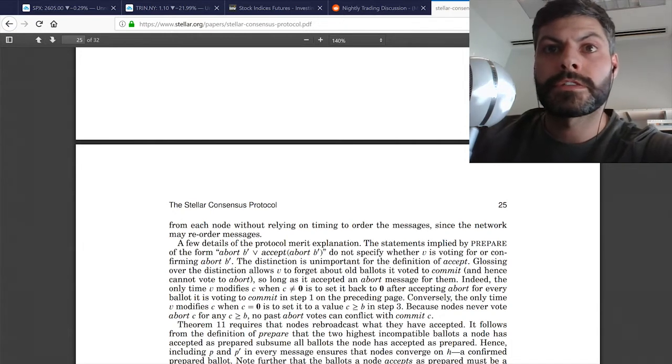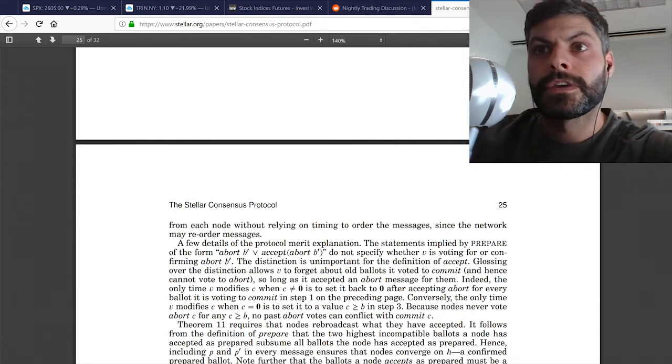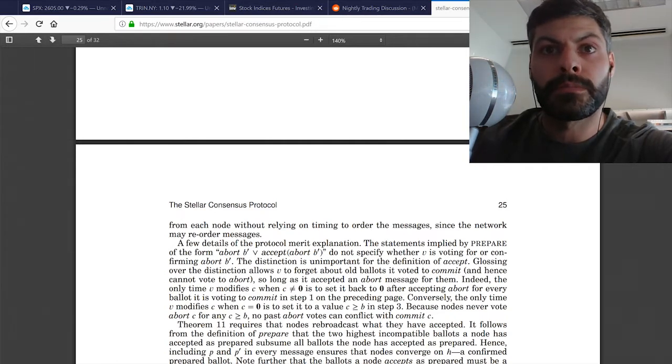A few details of the protocol merit explanation. The statements implied by prepare of the form "either or both abort b′ or accept abort b′ are true" do not specify whether v is voting for or confirming abort b′. The distinction is unimportant for the definition of accept.